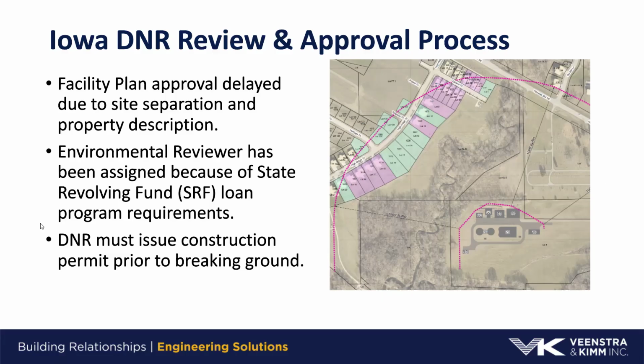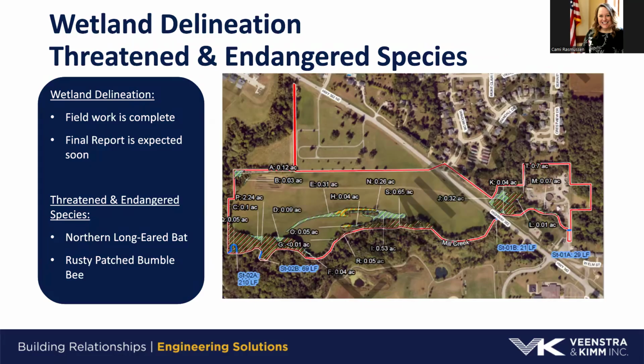We have also been working with Eocene to handle some wetland delineation and identification of threatened and endangered species. The one key thing is the DNR must issue a construction permit prior to breaking ground, and they will not issue the permit without the environmental review being completed.